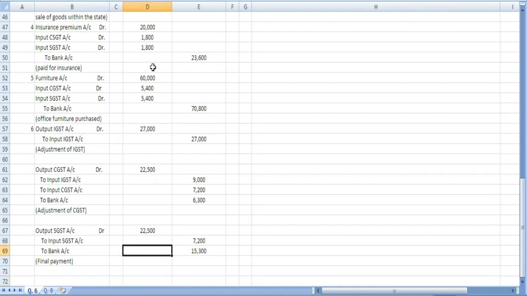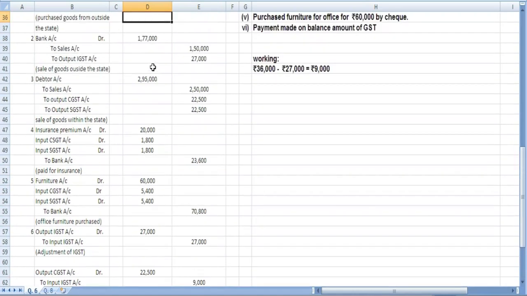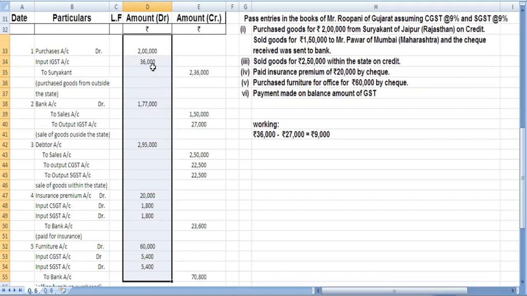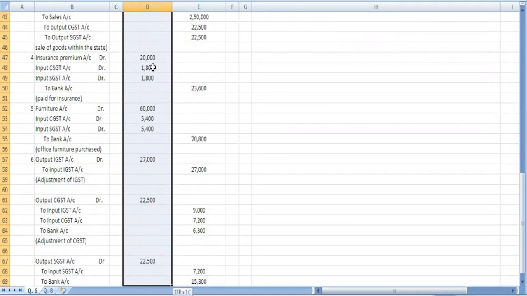Okay, so here let us total on both sides.